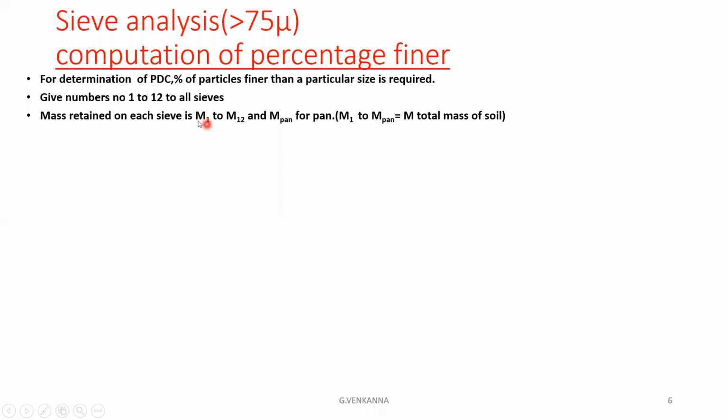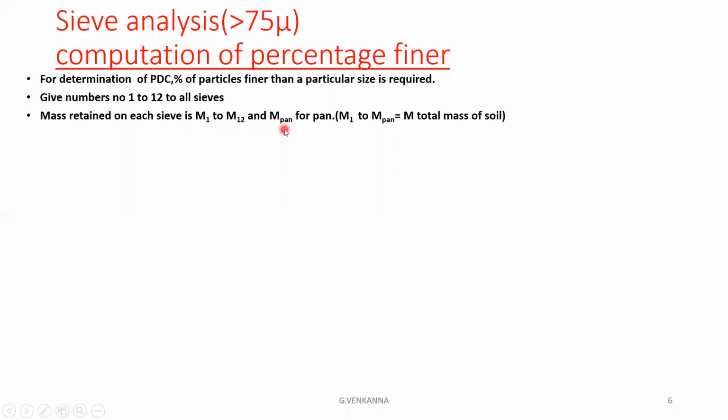If the soil is retained on the 40 mm sieve, it is designated as 2, and the mass retained on the second sieve is designated as m2, like m1 to m12.